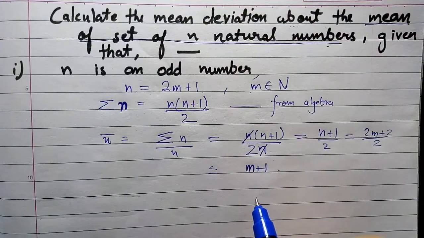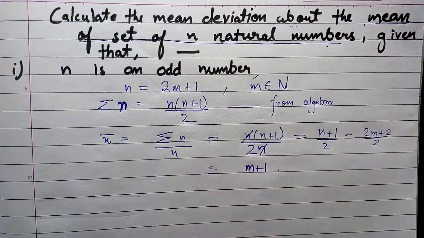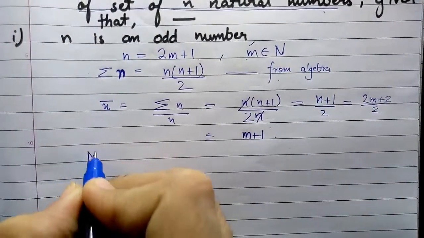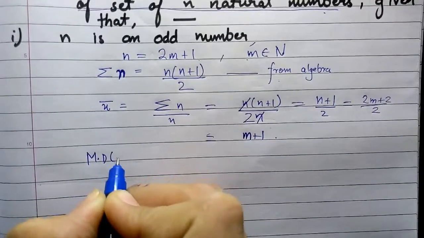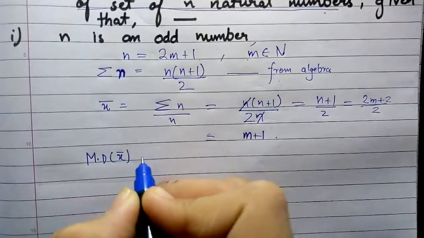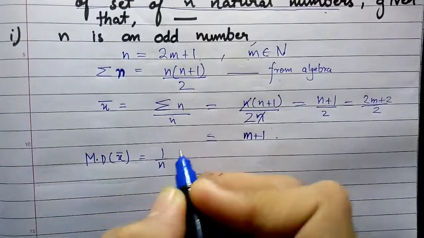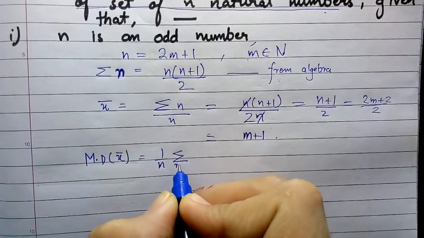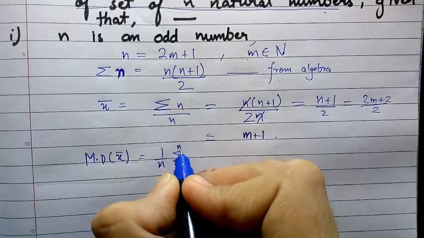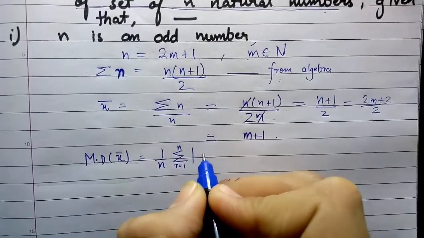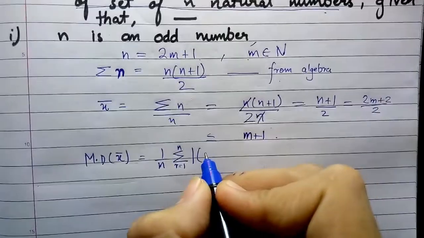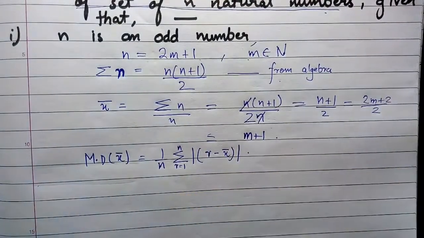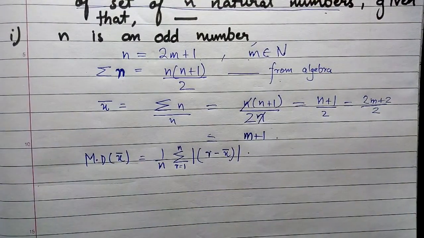You can give it a thought for a minute, and let's start with some hefty stuff. So mean deviation about mean, from statistics, is putting the modulus. Modulus can be fun if you know how to use it.